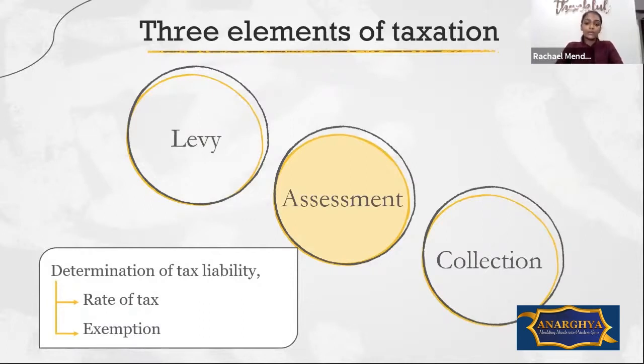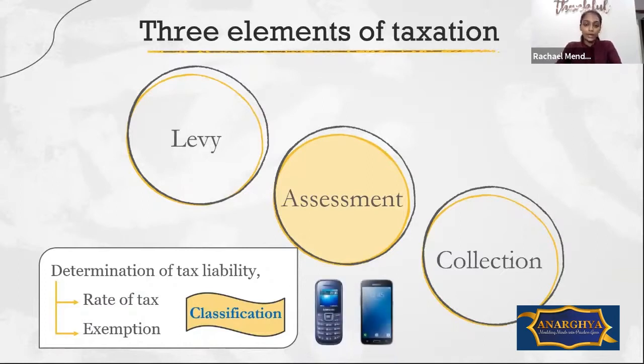And you also need to determine whether the product or service is eligible for any exemptions. And here classification becomes very critical, and that's when HSN comes into play. So going forward with the example of a mobile phone, in order to determine the tax liability, first you will need to classify whether the mobile phone in your hand is a bar phone, that is the keypad phone, or the smartphone.